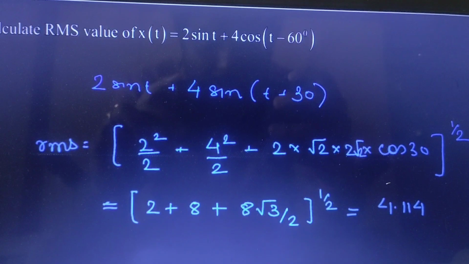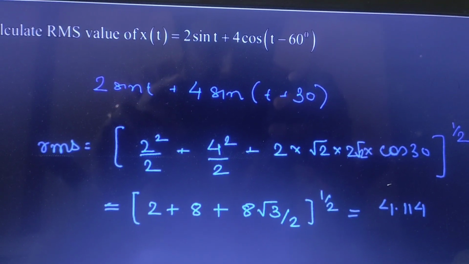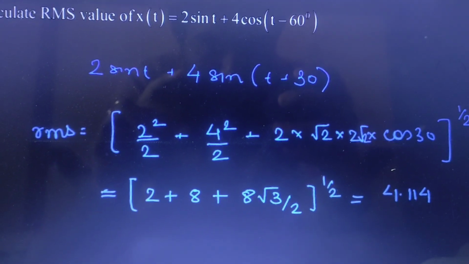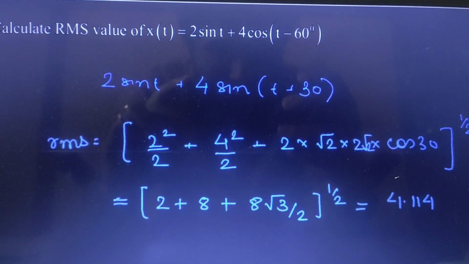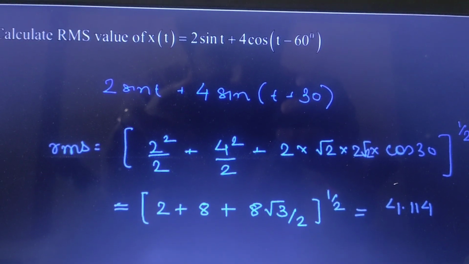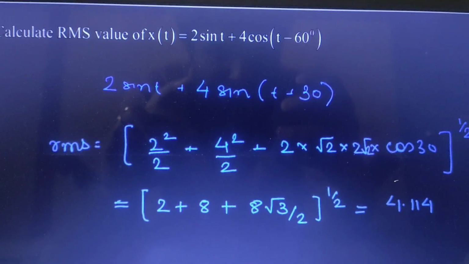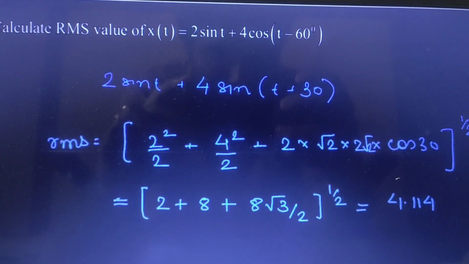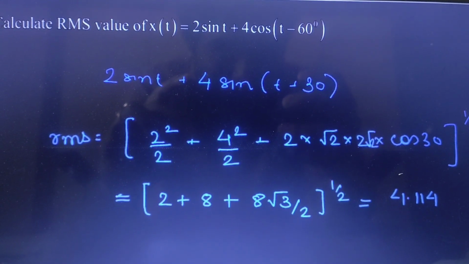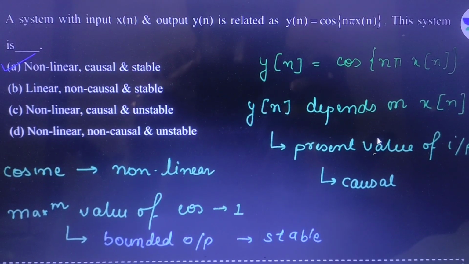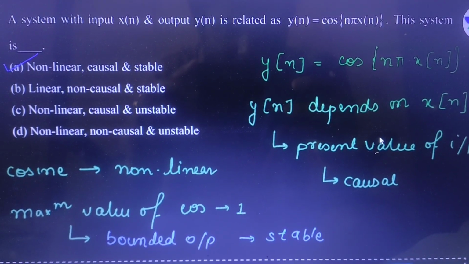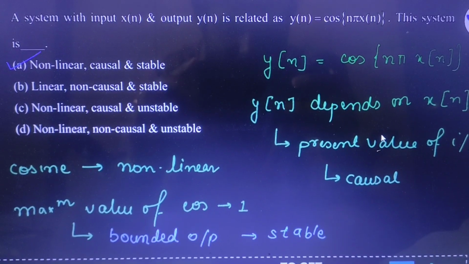So directly you can write the RMS formula as a square plus b square plus 2ab cos of angle, where a and b are the RMS values. By calculating this you will get the RMS value as 4.114.